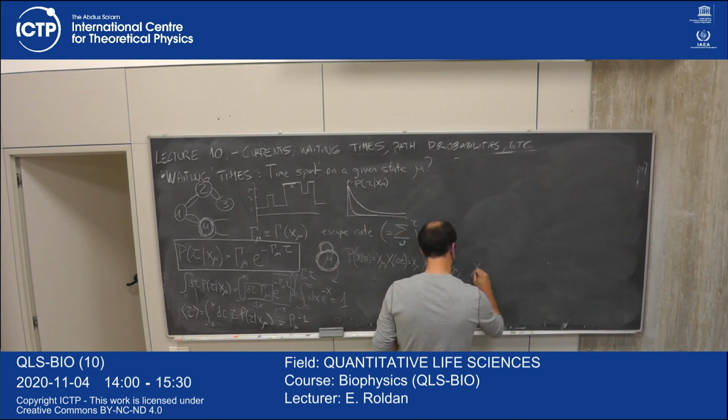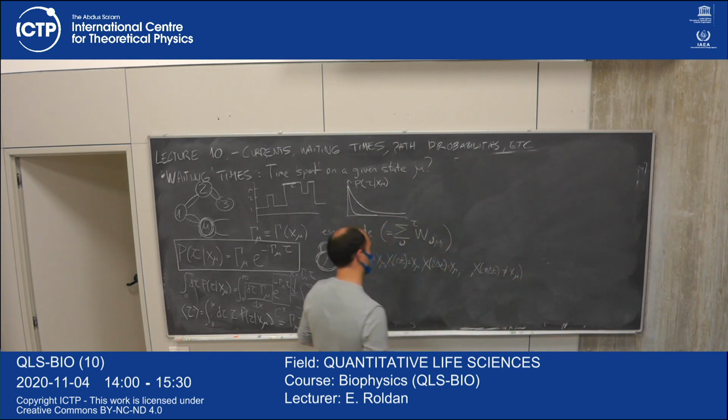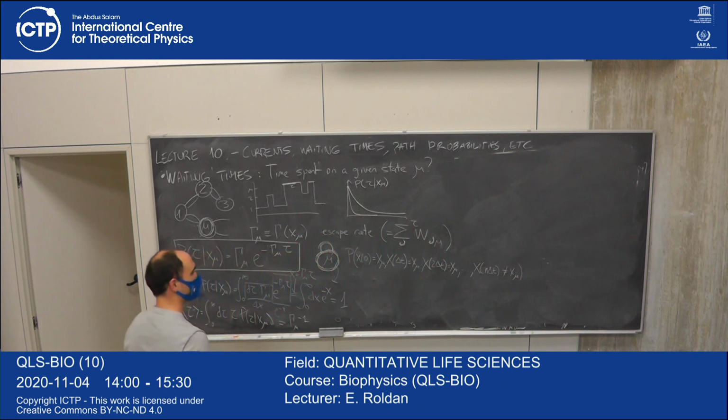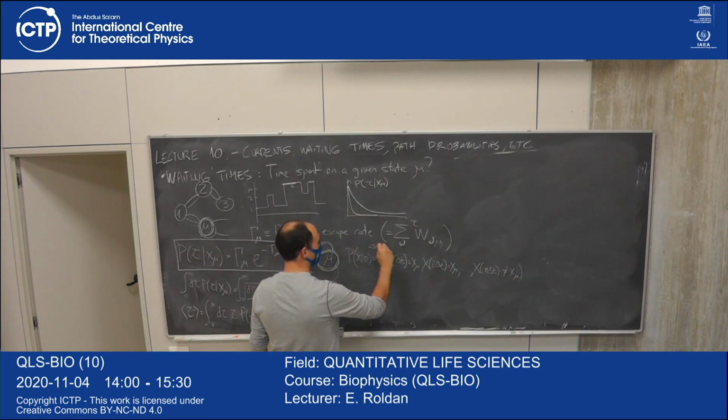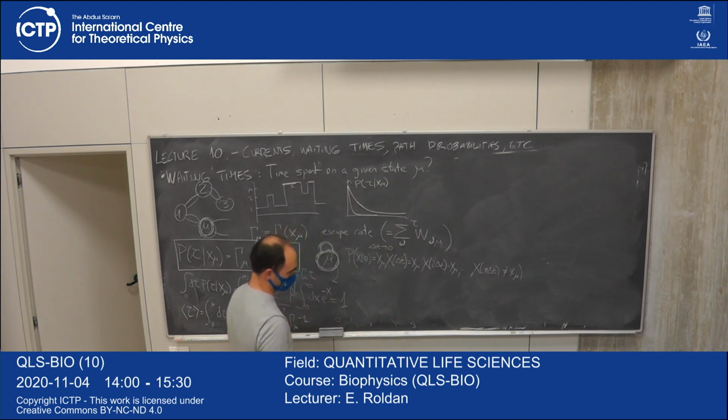So at time n delta t you are not in x mu. This is in the limit of delta t going to 0, because we are in the continuum limit.